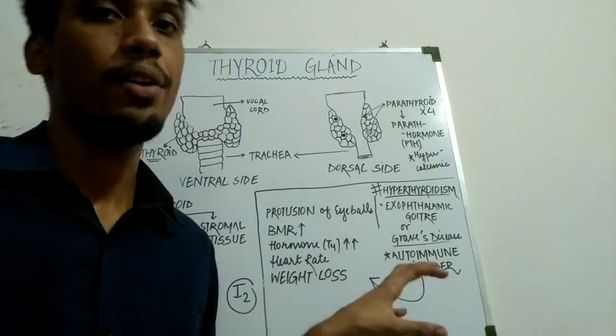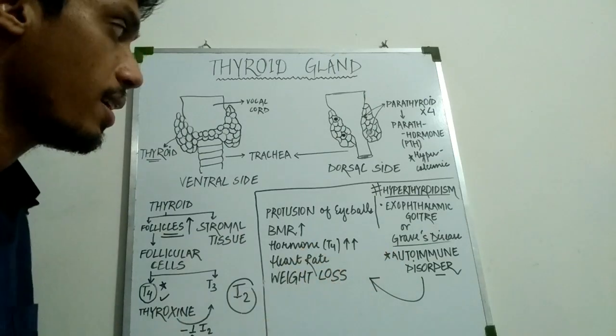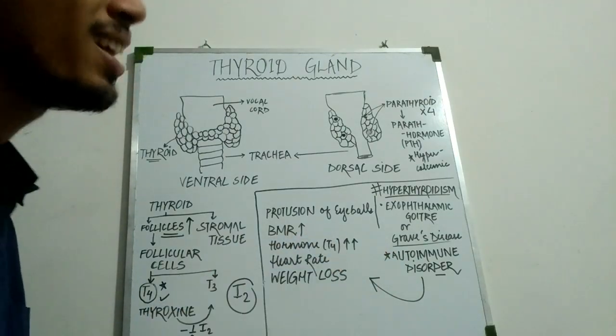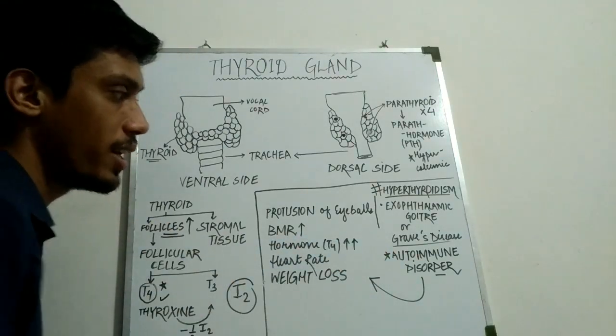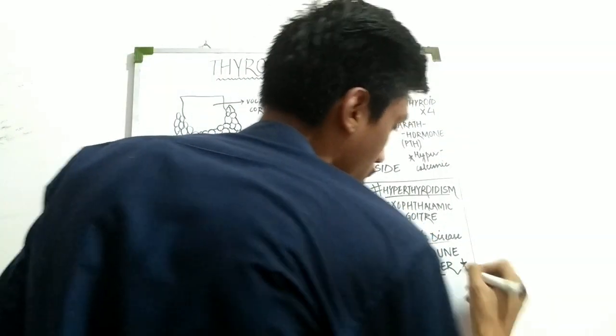Now hyperthyroidism, the only disease mentioned in NCERT, that's what makes it very important. The second thing that makes it very important is that it is an autoimmune disorder.